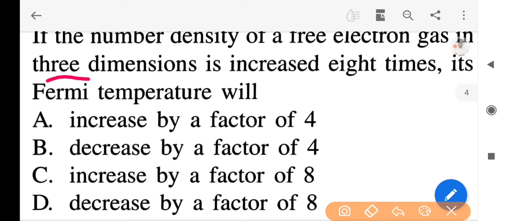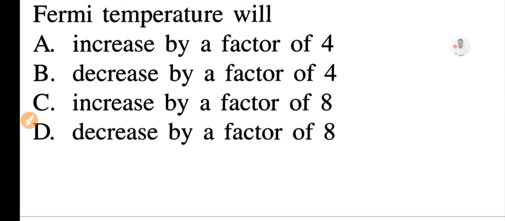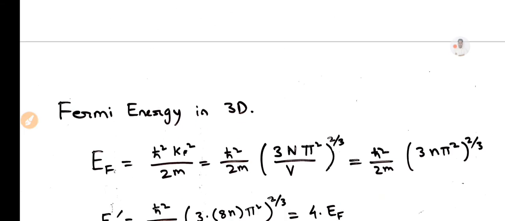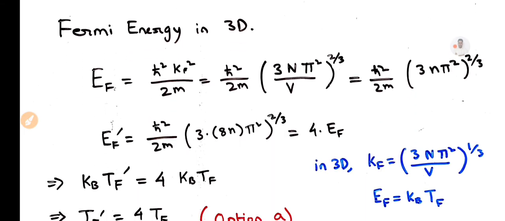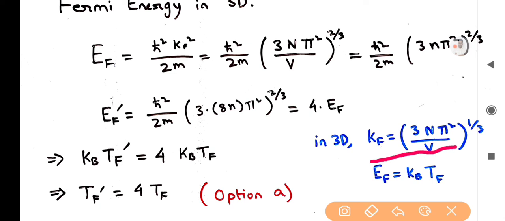You can get the Fermi energy formula in 1 dimension, 2 dimensions, as well as 3 dimensions, but you need to know the 3 dimension formula. I suggest you memorize this kf value only. The kf value is 3n by V pi square whole to the power 1 by 3, that is the Fermi wave vector for 3 dimensions.